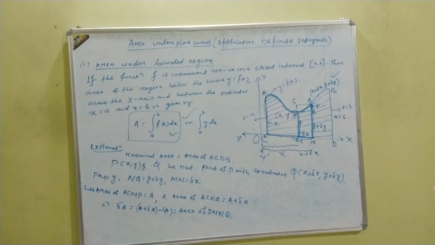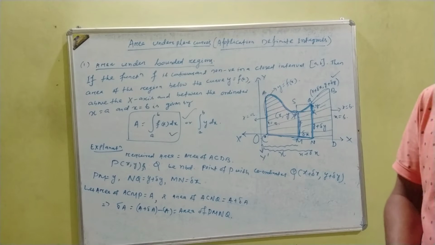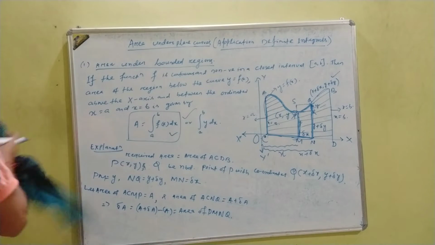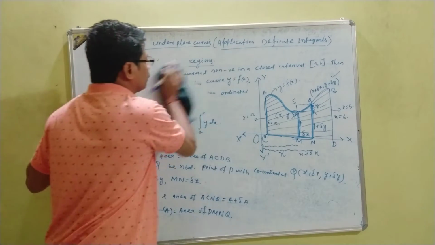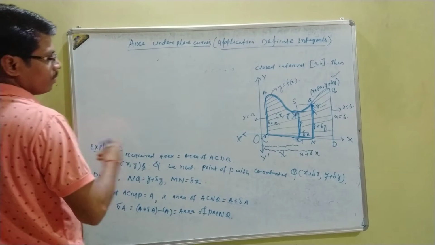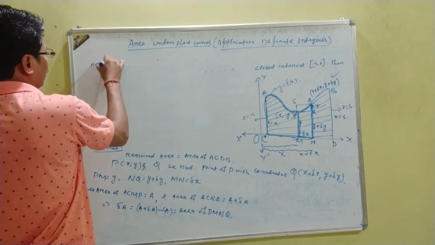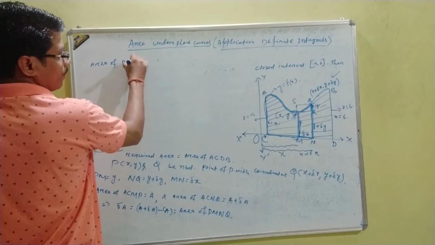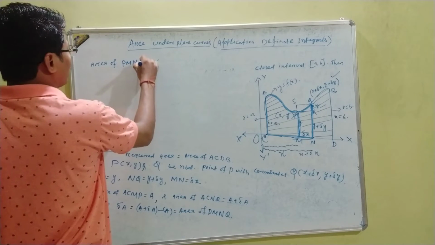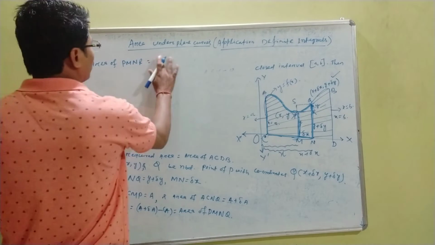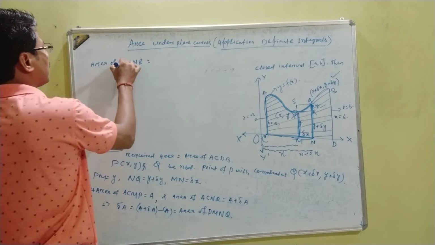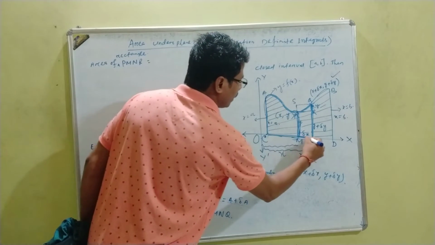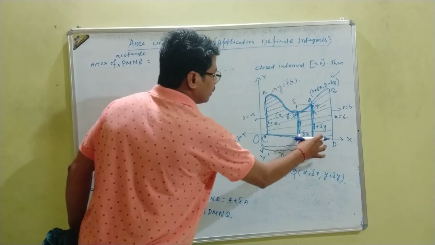So now the area of rectangle PMNR is equal to length into breadth.